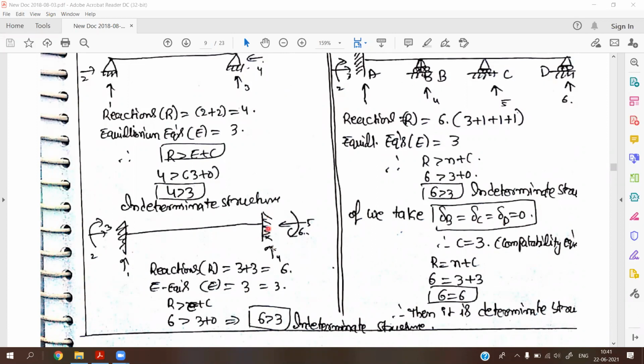Each fixed support has 3 reactions, that is vertical, horizontal and moment. So totally we have 6 reactions, but the available equilibrium equations are 3. Therefore reactions are more compared to equilibrium equations, so a fixed beam is an indeterminate structure, and a propped cantilever is an indeterminate structure.